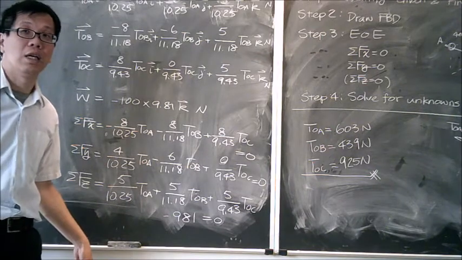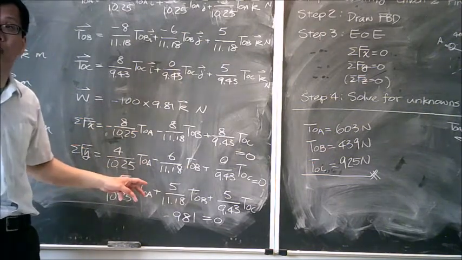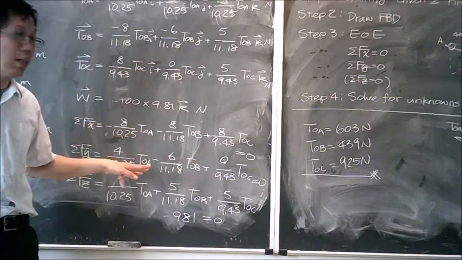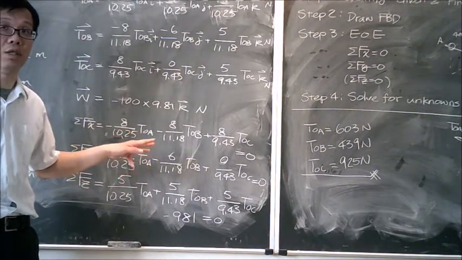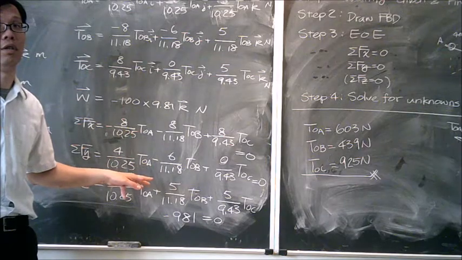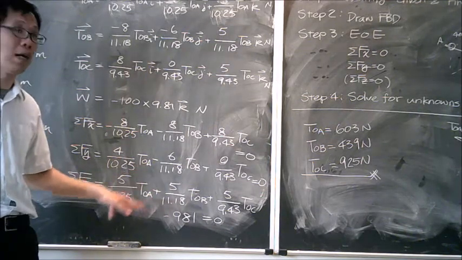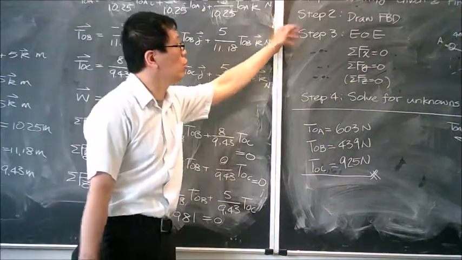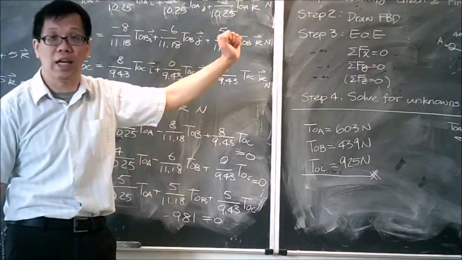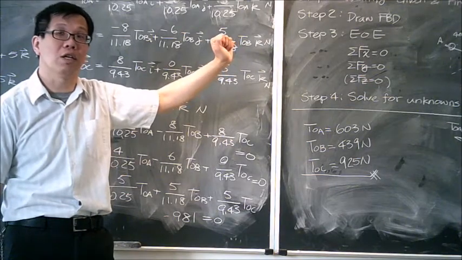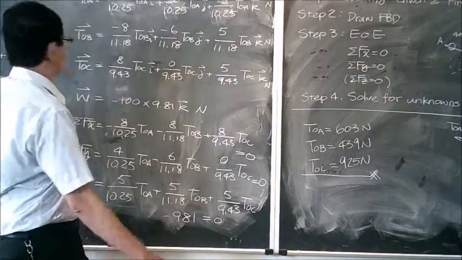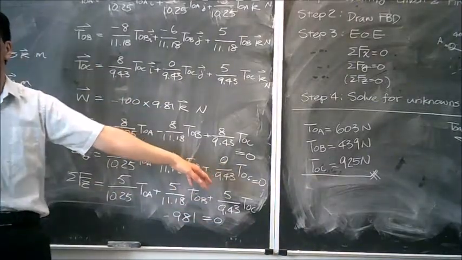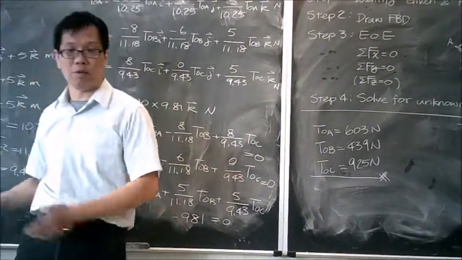Keep in mind, you only have three equations, so you can have three unknowns. If you find there are more unknowns than equations, you're doing something wrong because it's not possible to solve this kind of problem. So revisit steps 1, 2, and 3 to find out if there is anything you misunderstood or wrote down wrongly, so you made a mistake that we cannot solve for the unknowns. Okay, we're going to move up tomorrow.